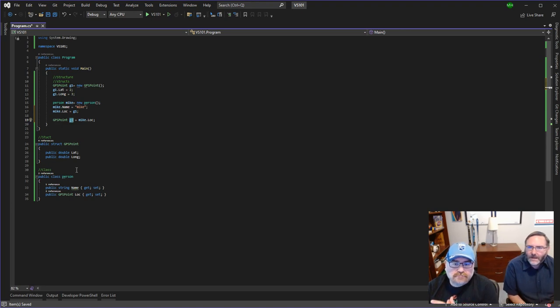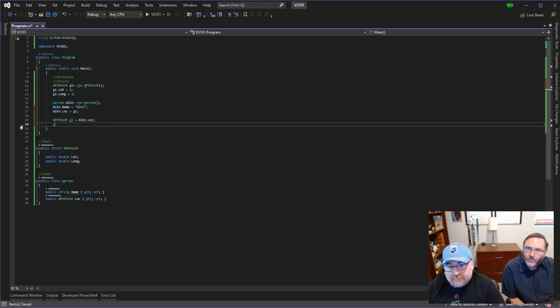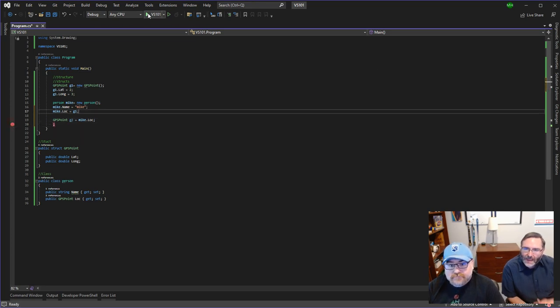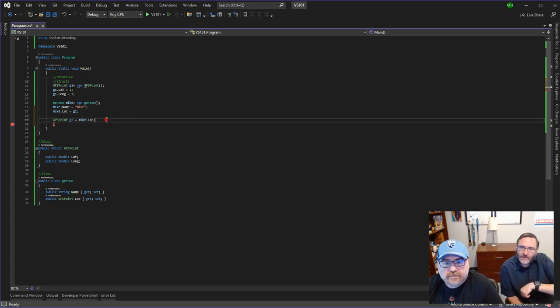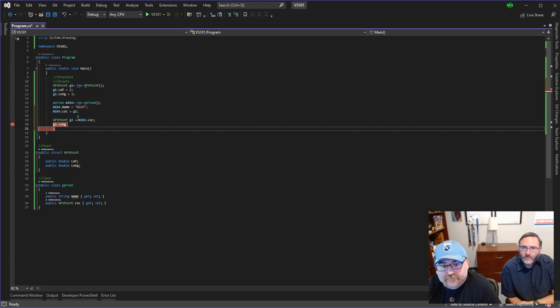We could find out real quick by putting a breakpoint and checking. So if we go down to the next line, put a breakpoint there, and after line 19, we say G2.long equals 4.